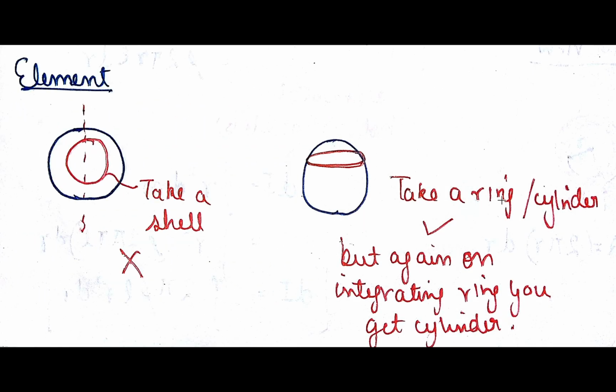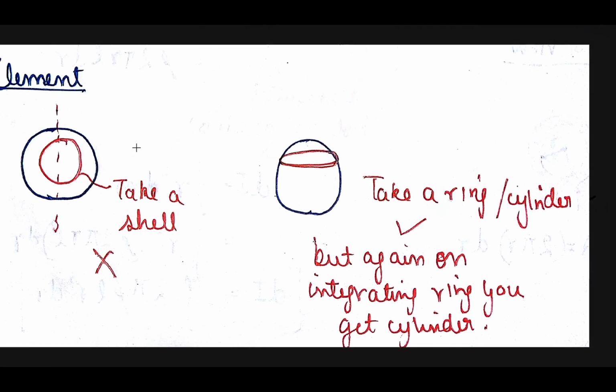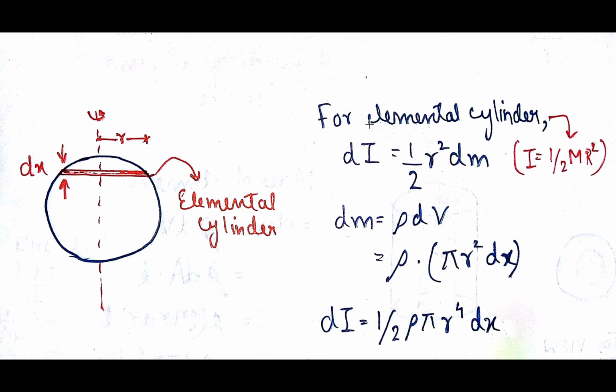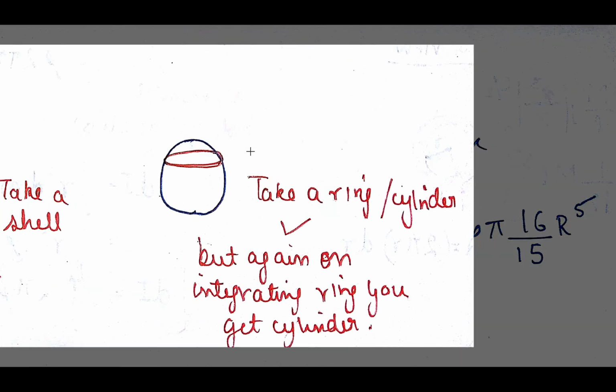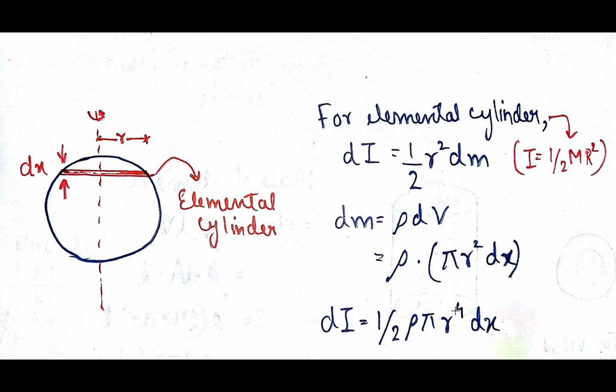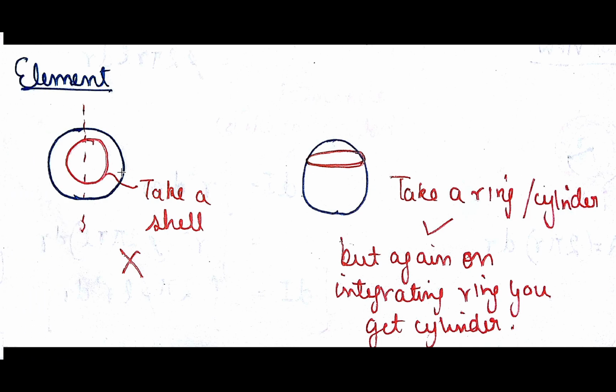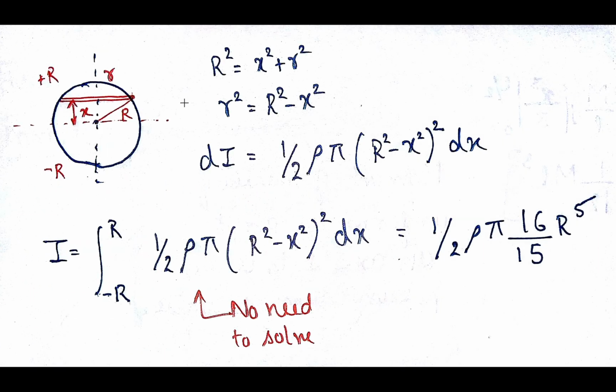Not the ring. So again, coming back to our problem, this was the elemental cylinder, and our job is to convert this r to the power 4 term into the radius, that is the small r, because ultimately we are concerned with the small r.